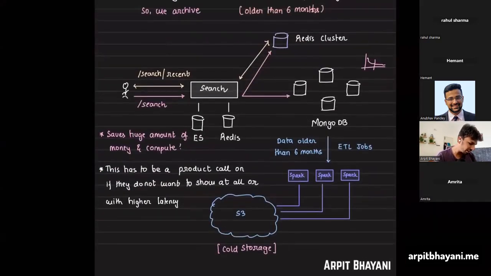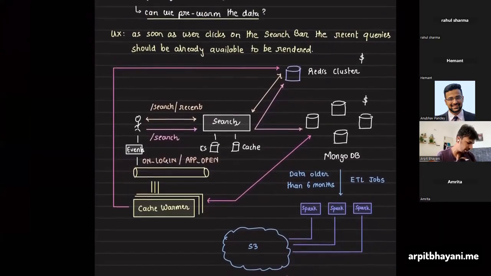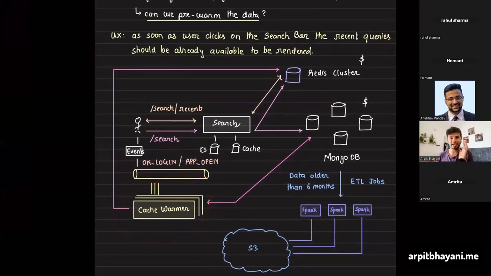But one thing that I wanted to talk about is this cache format. Up until now, the way we stored this data is that our recent searches are served from Redis, and that's it. There is no fallback to any database.